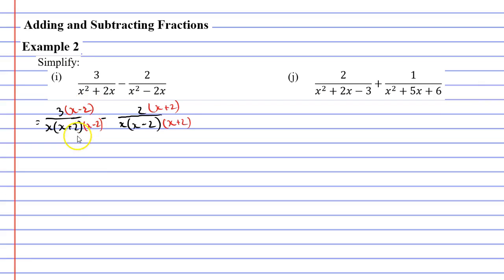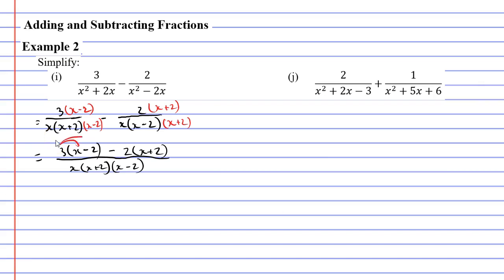Alright, now that we know that the denominators are the same, I now combine my two fractions. I have 3 bracket x minus 2 for the first fraction, and I'm subtracting 2 lots of x plus 2 from the second fraction. And I have now just a single denominator of x, x plus 2, x minus 2. Alright, so let's expand the numerator now.